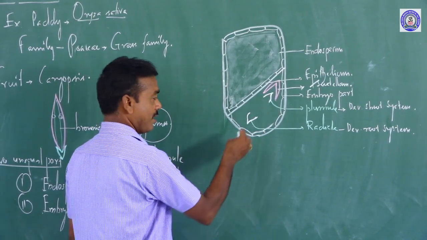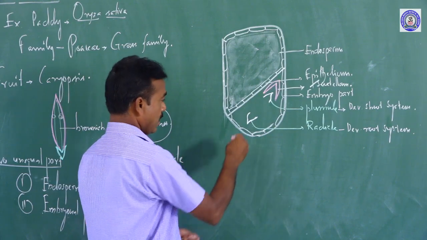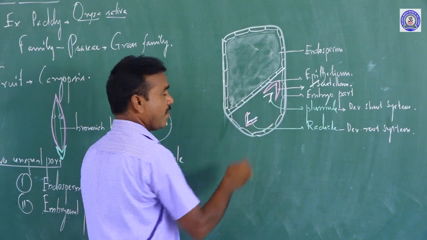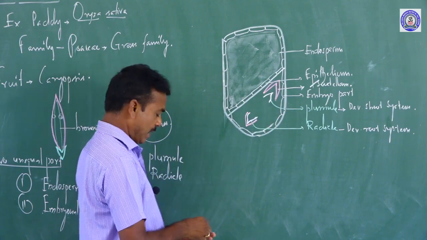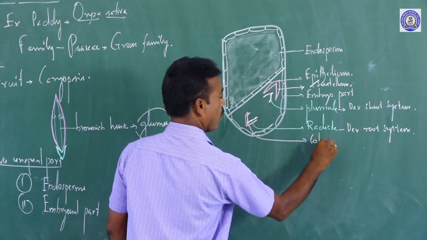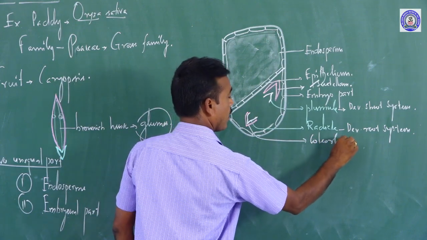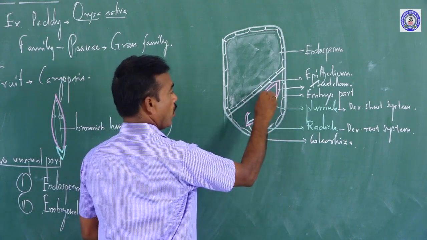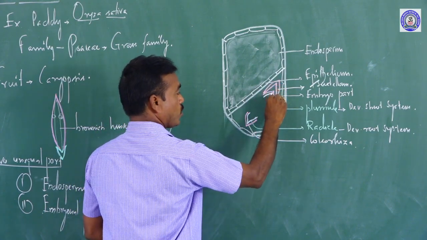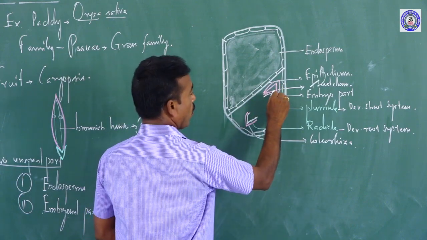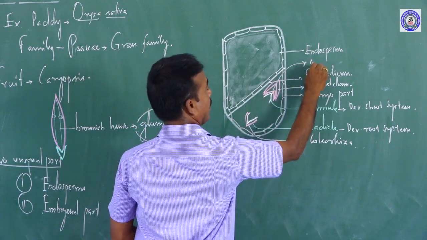The root covering sheath is commonly called the coleorhiza. The shoot covering sheath is commonly called the coleoptile.